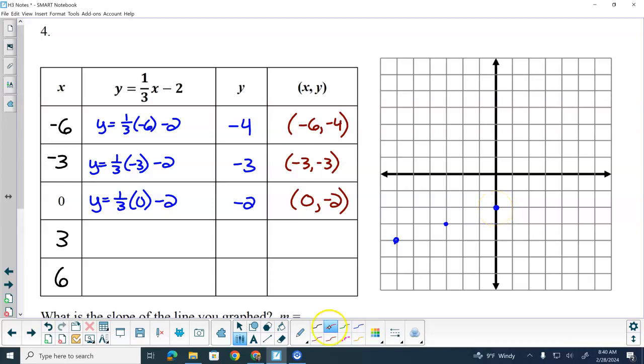See how we have a rise of positive 1, and a run of positive 3, just like we predicted before we did the problem. Rise over run, so that gives me our slope here.